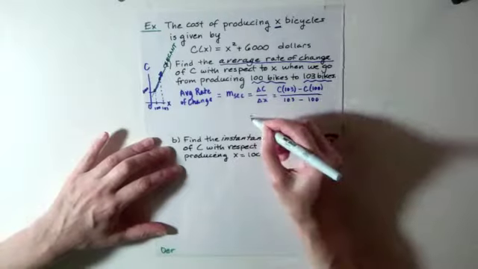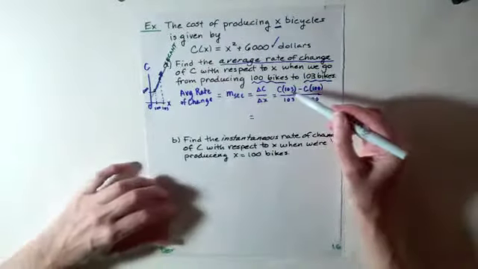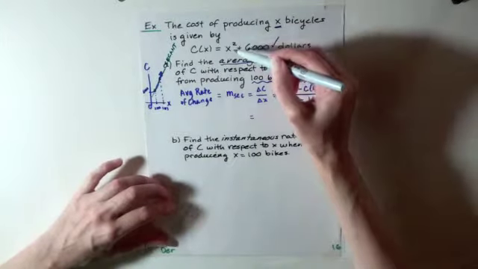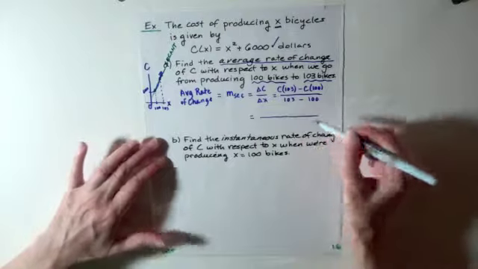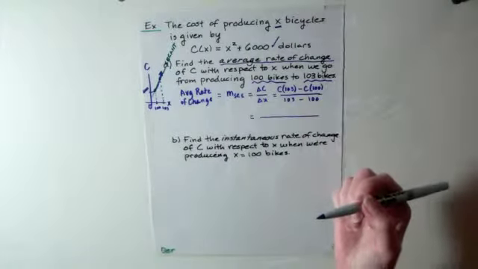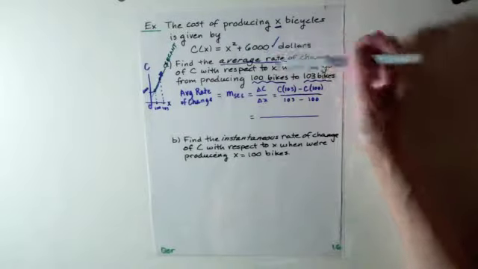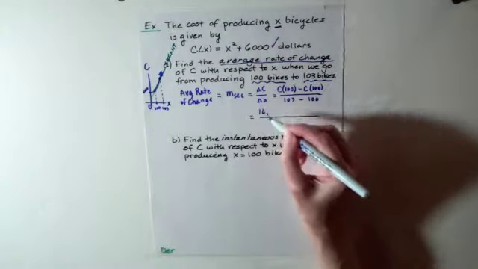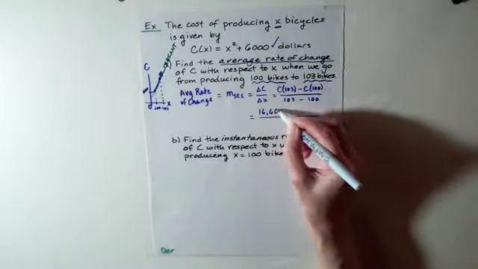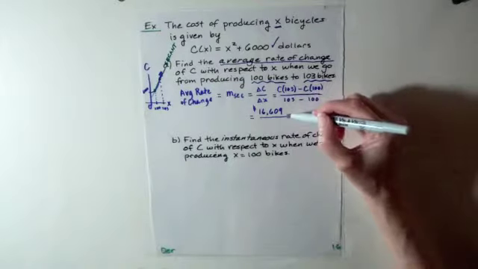So we just go ahead, and now because we're given an equation for C of x, I can actually plug 103 into this function and figure out what that cost is. And I believe I did that in my notes. It turns out that if you do 103 squared and add 6,000, you get $16,609. So that's the cost of producing 103 bikes.